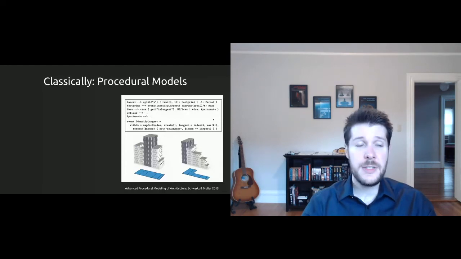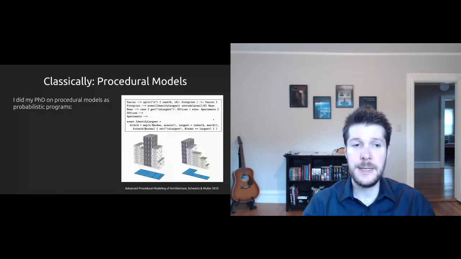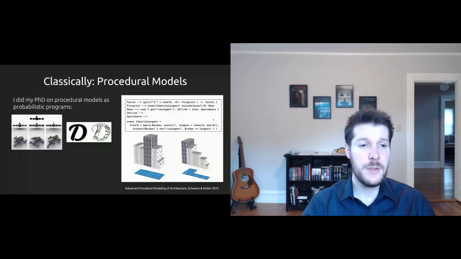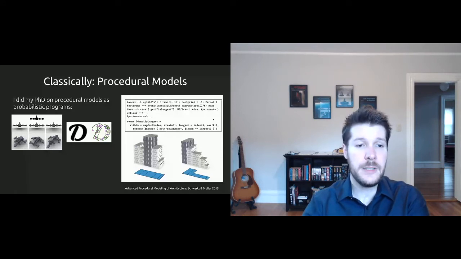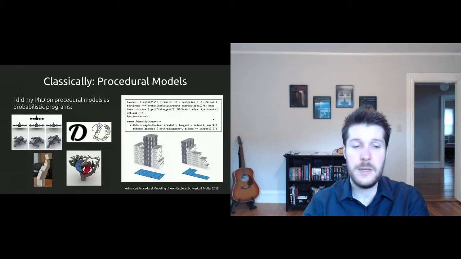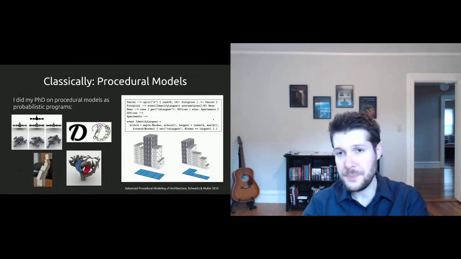I actually did my PhD on procedural models as probabilistic programs, using inference to find executions through these shape-generating programs which would match certain 2D silhouettes, or would avoid certain regions of space, or would be physically stable, even if the structures seemed initially visually precarious.